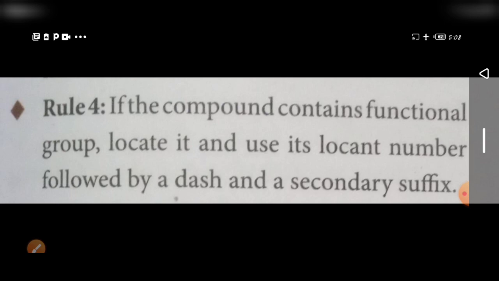Like that compound, you have to use two suffixes, the primary suffix and the secondary suffix. After the number, you put a dash. After that you write the secondary suffix. Okay, now we see that one.